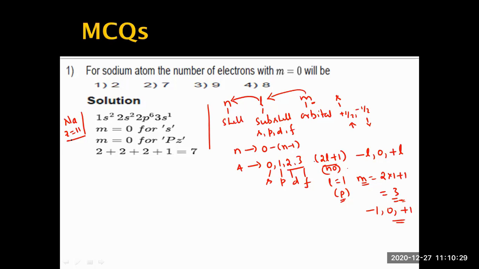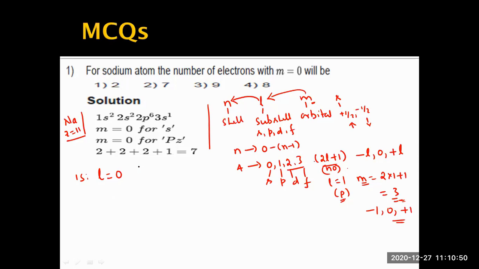For Na, atomic number 11, we have seen the electronic configuration. We need to find the number of electrons with m equal to 0. Which orbitals possess m equal to 0? For the s subshell, L is 0.